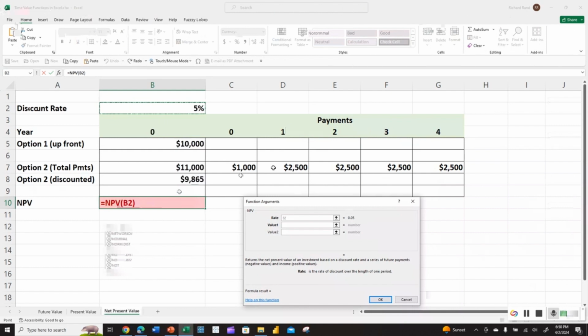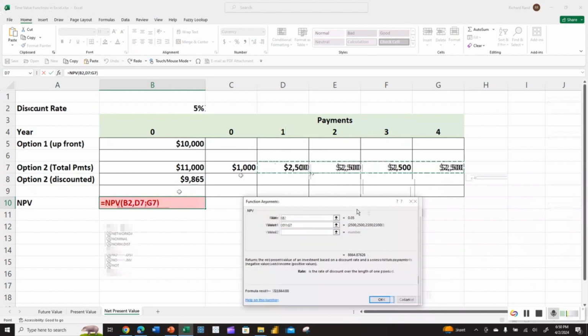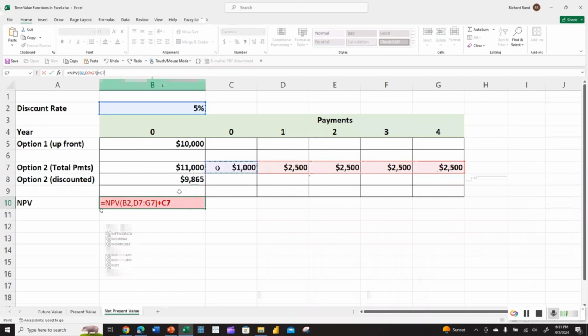For our values, we're going to highlight these payments. I can do that, or I can put individual payments in. I'll hit OK, but that's not finished because I have to add the $1,000 upfront payment, right?